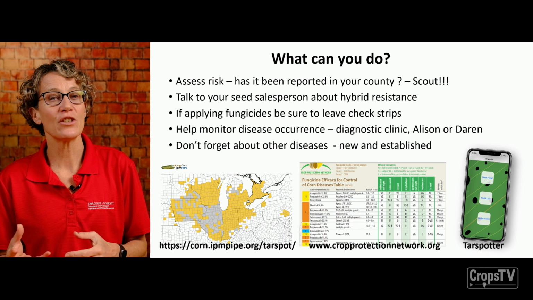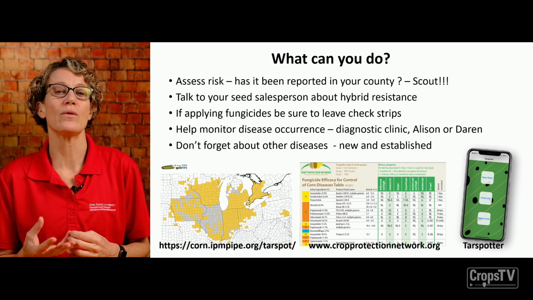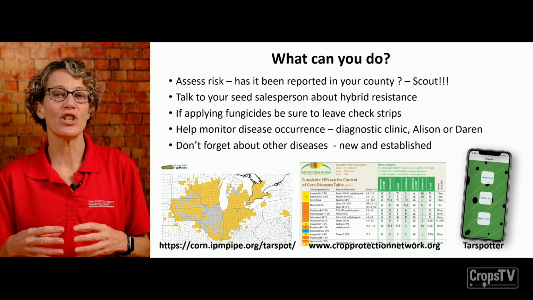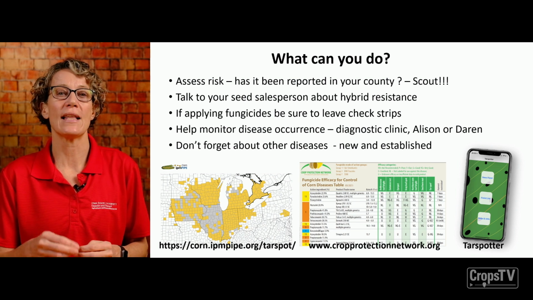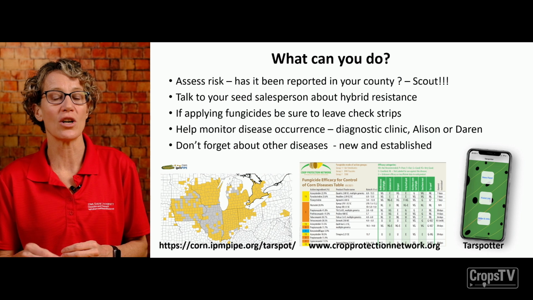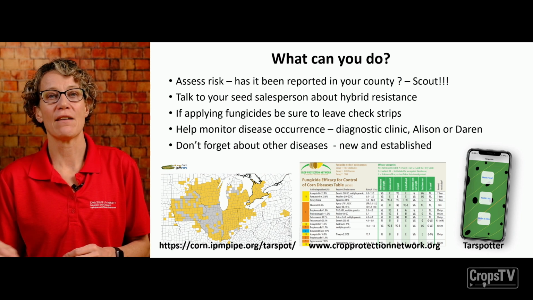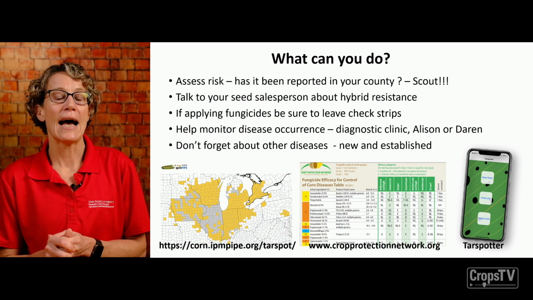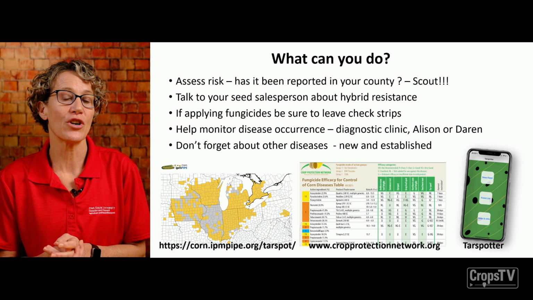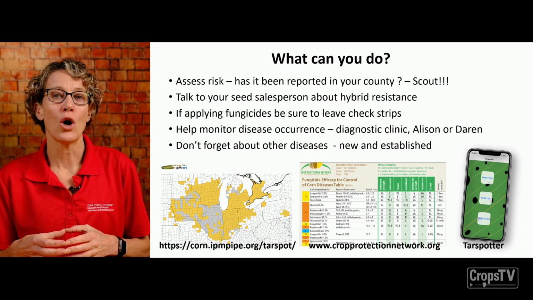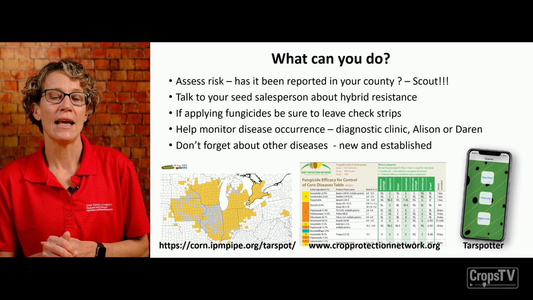If you're applying fungicides, one of the best things you can do is leave a check strip or multiple check strips. Only by leaving check strips are you going to know whether that application was successful or not. Did it reduce disease? Did you apply that fungicide at the right time to reduce the amount of disease? You can help monitor disease occurrence either by sending samples to the diagnostic clinic or to me or Darren.